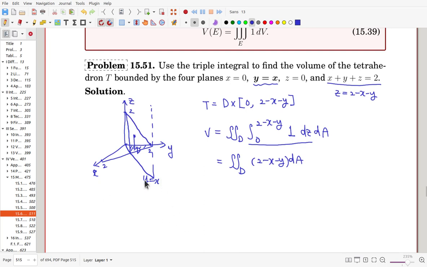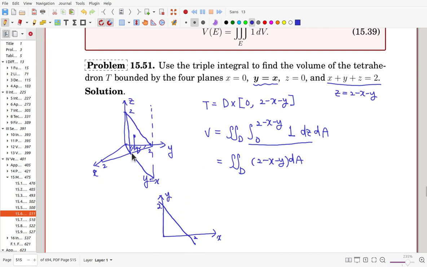Now, to finish the calculation, we have to access D. Okay, now let's try to visualize D. It's on the xy plane. So here we try to make the xy plane. There's the x direction, there's the y direction, and this line is passing here through 2 and 2. So there is 2.